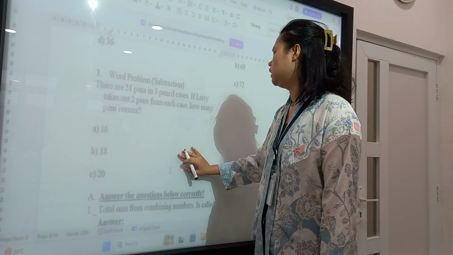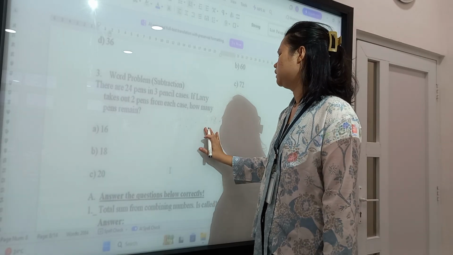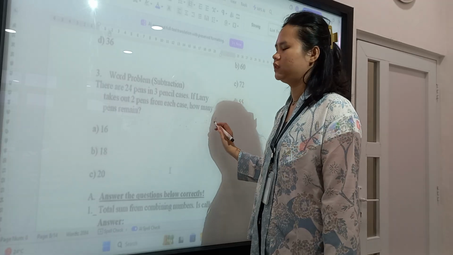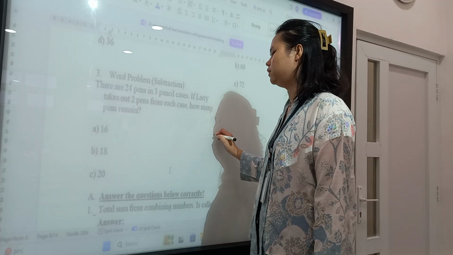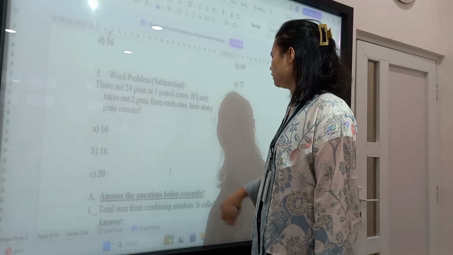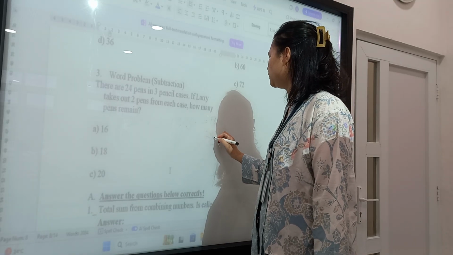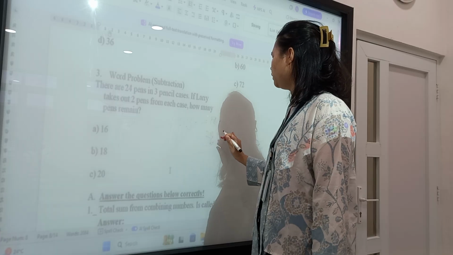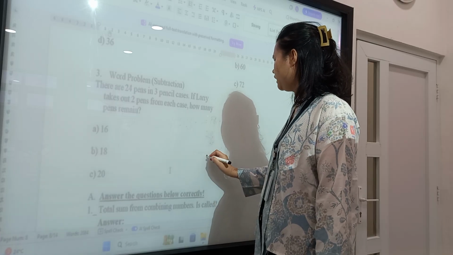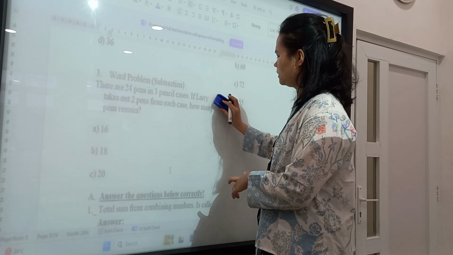So later 2 times 3 because there are 3 pencil cases. So 24 minus 6. So later it will be 18. The answer is 18.